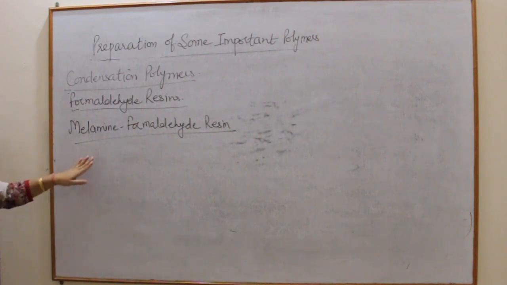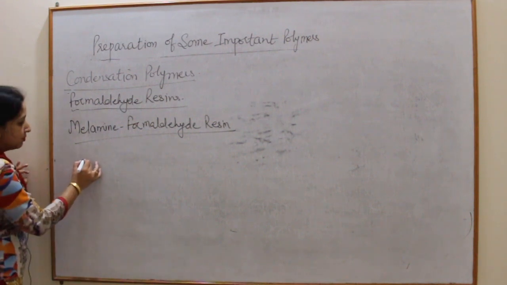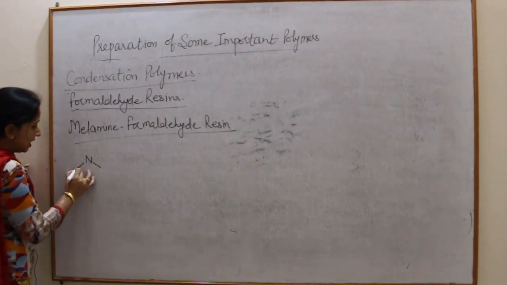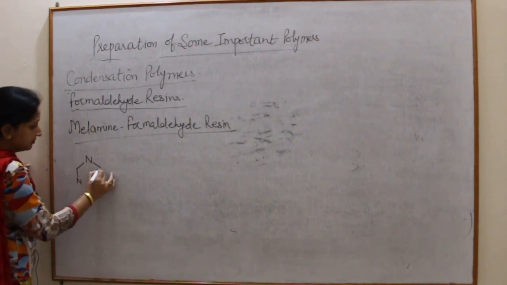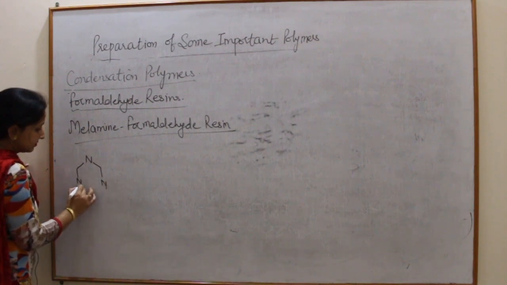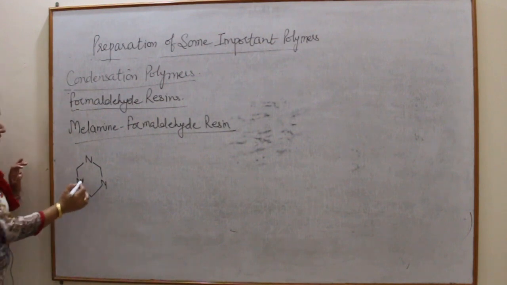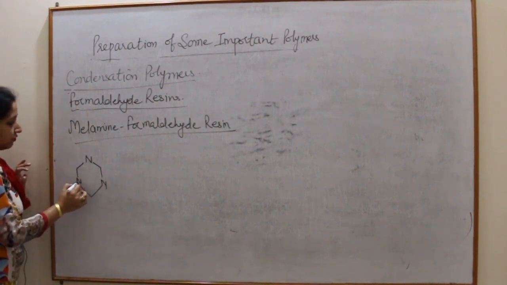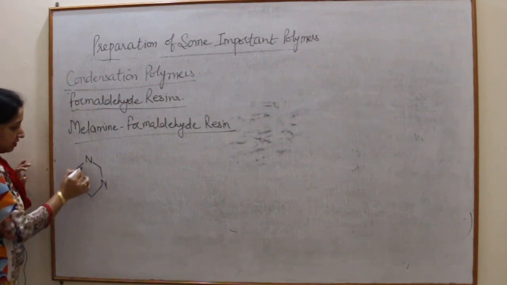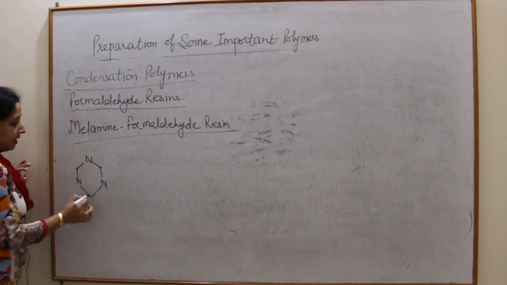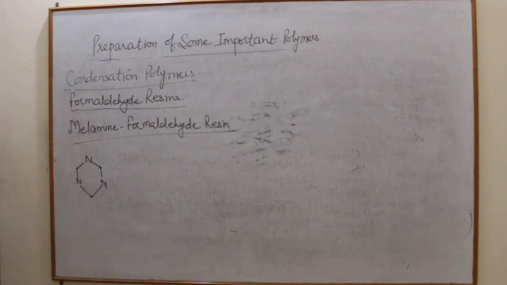So what is basically melamine? Melamine is a heterocyclic ring. 1 2 3 4 5 6, between two nitrogens there is one carbon like this.